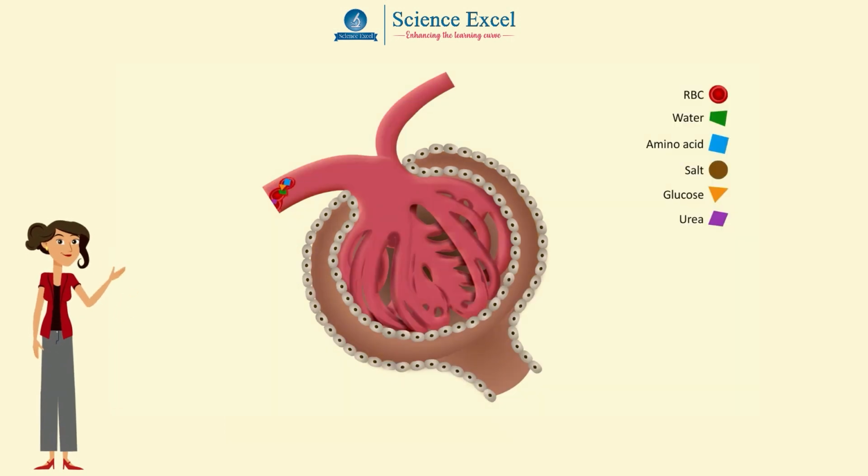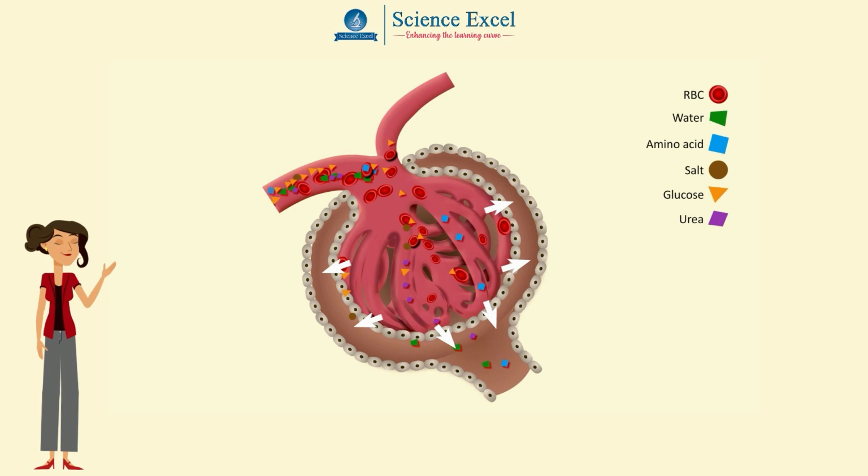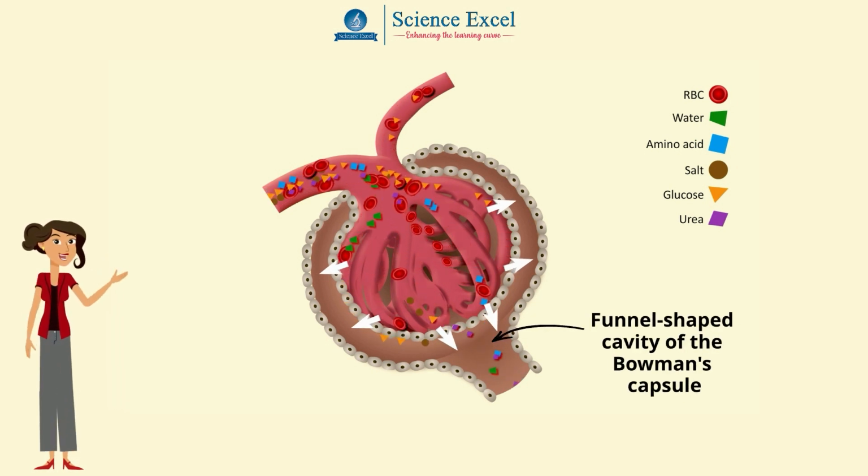Now, this high pressure causes almost all the liquid parts of the blood, which includes small molecules such as urea, glucose, amino acids, water, small ions such as sodium and potassium, to filter out from the glomerulus and pass into the funnel-shaped cavity of the Bowman's capsule.